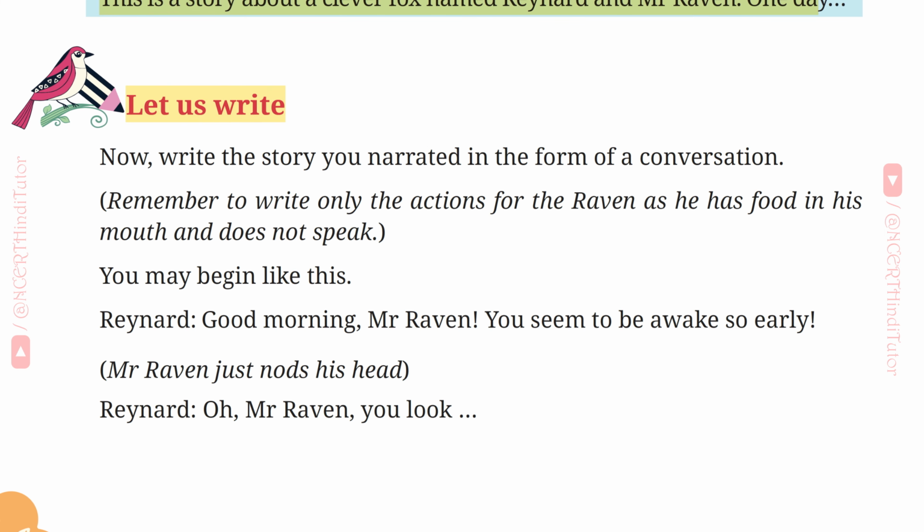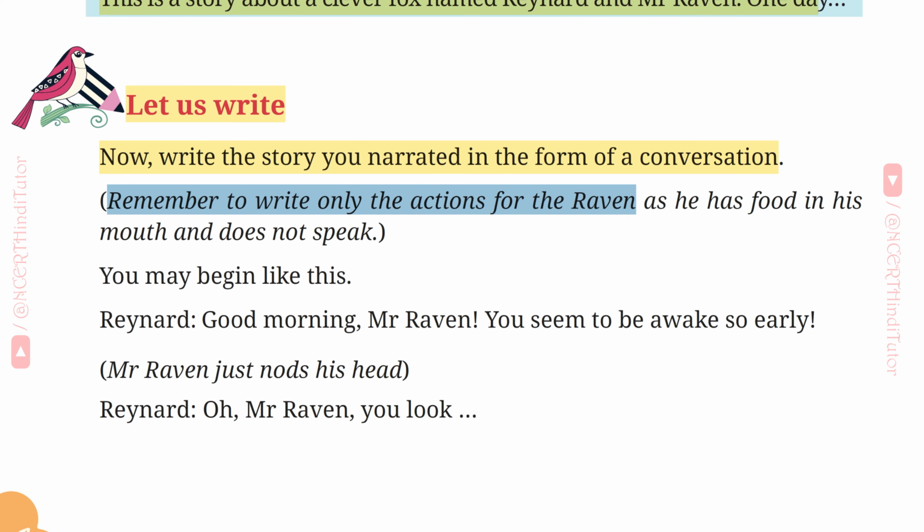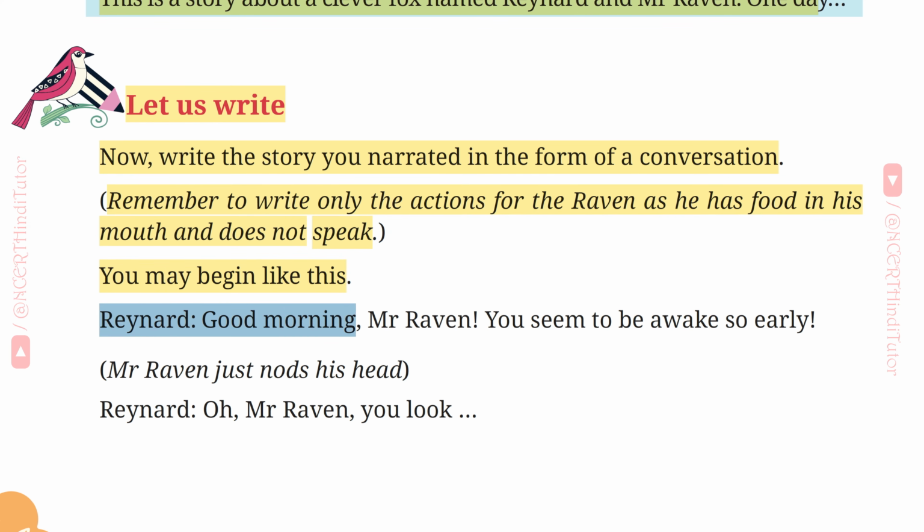Let us try. Now, write the story you narrated in the form of a conversation. Remember to write only the actions for the raven as he has food in his mouth and does not speak. You may begin like this: Renard: Good morning, Mr. Raven. You seem to be awake so early. Mr. Raven just nods his head.